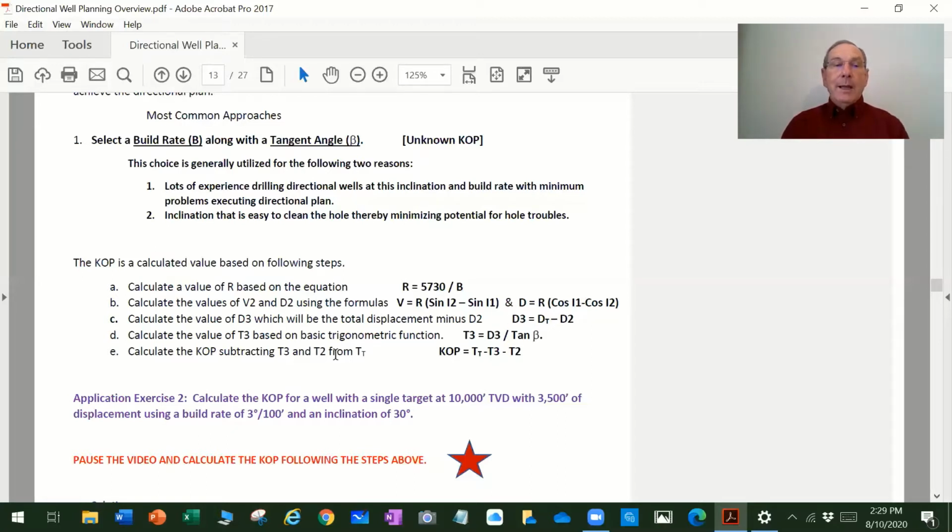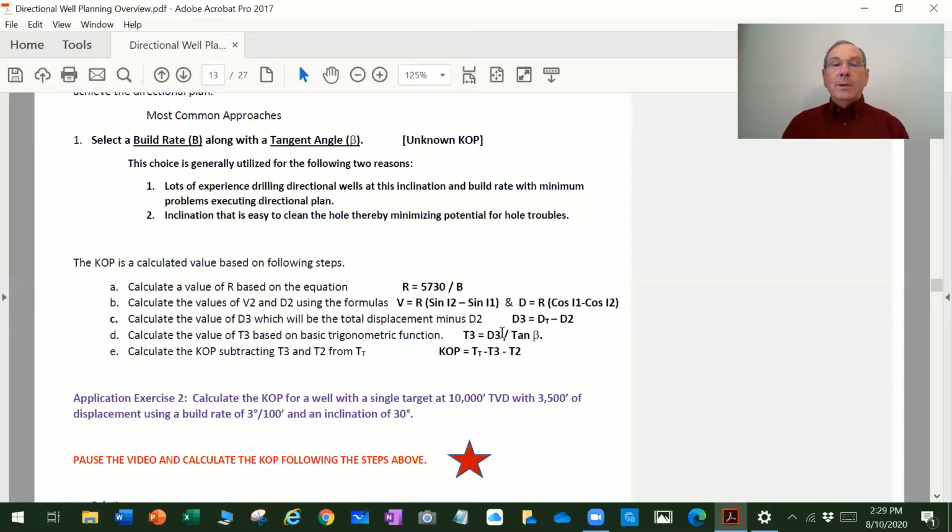Then we can calculate the vertical depth in section number 3 by using a basic trigonometric function. Since we've calculated the displacement in section 3, the vertical depth in section 3 is going to be D3 divided by the tangent of the angle that we have chosen, whether it's 30 degrees or whatever.